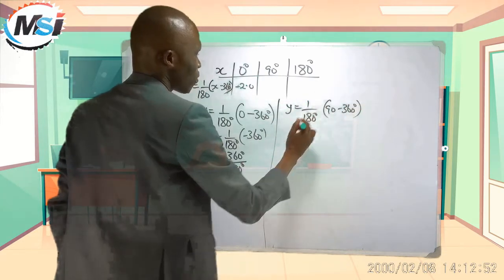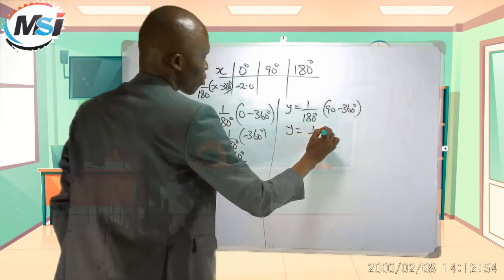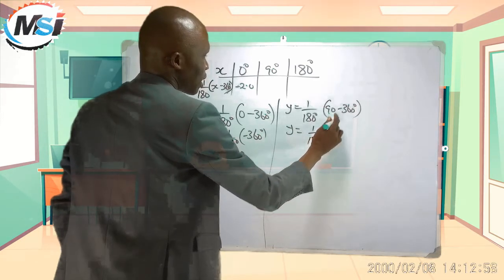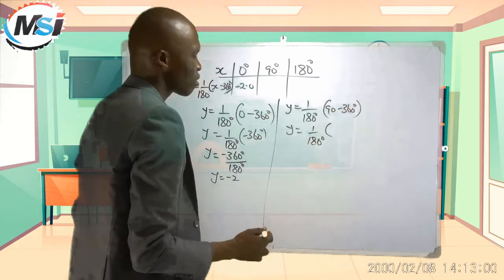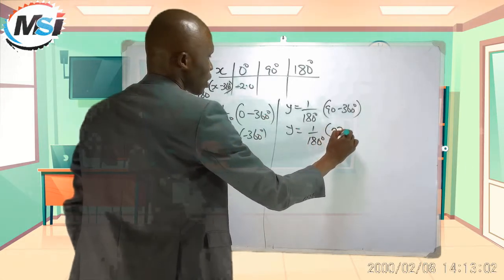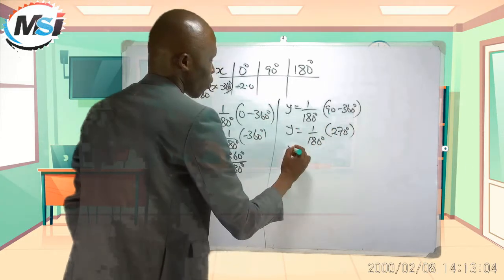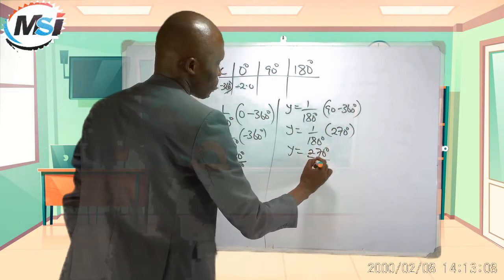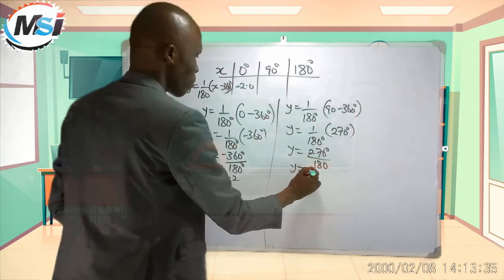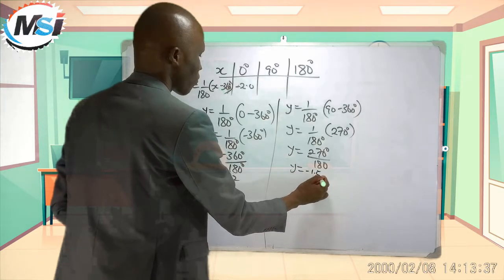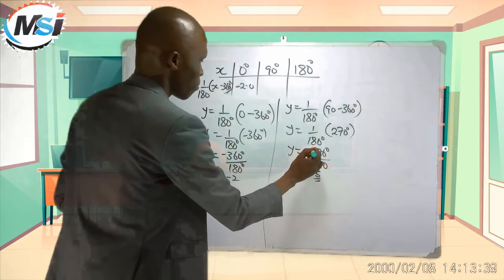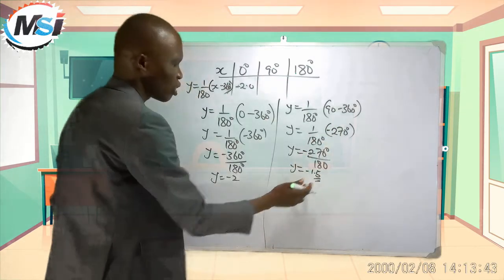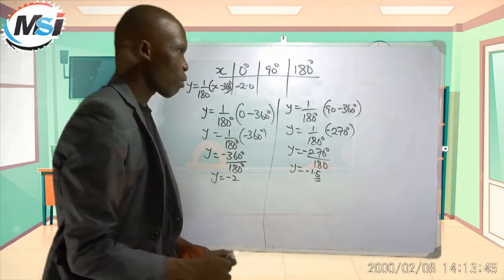So this will give us y equals 1 over 180 degree bracket 90 minus 360, it will give us minus 270 degree. So y will give us 270 divided by 180, so minus 1.5. You know there will be minus here, right? Sorry, there will be minus here. So this will give us minus 1.5.